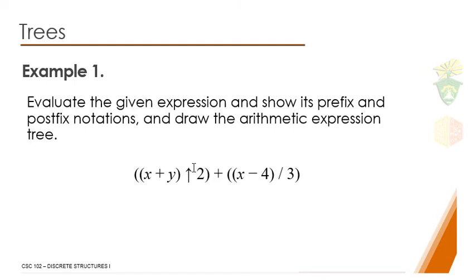So, we use this notation for exponentiation. So, kanang exponent bitaw. So, in this case, 2 is our exponent. So, this is the operator kung atong raise any number or variable to a specific number.